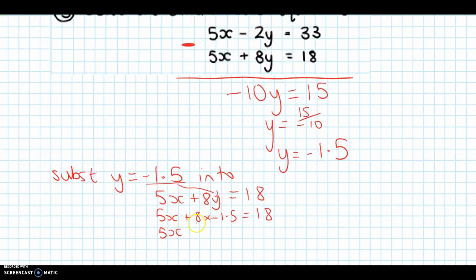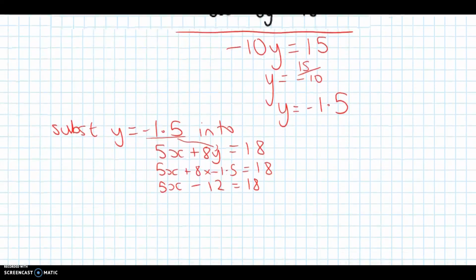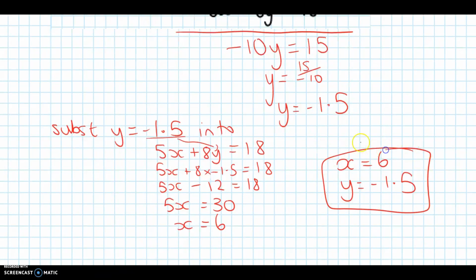Now minus 8 times 1.5 is minus 12. Add 12 to both sides, I get 5x equals 30. Divide by 5, x equals 6. So the solution to this is x equals 6, y equals minus 1.5.